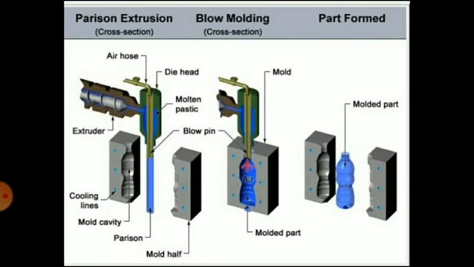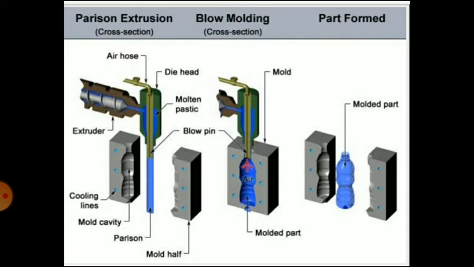You can see the first unit on the left hand side, the parison extrusion, shown in cross section. The parison is formed, and there are the two halves of the die shown. In between there is a parison, which is an extruded tube.